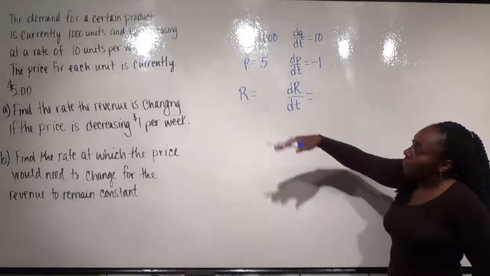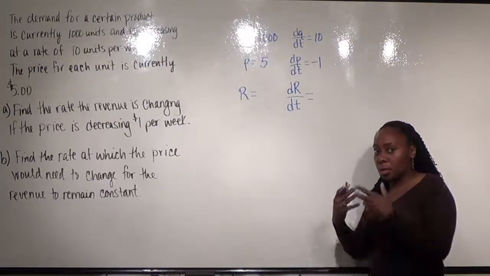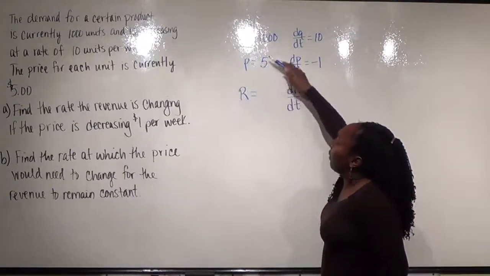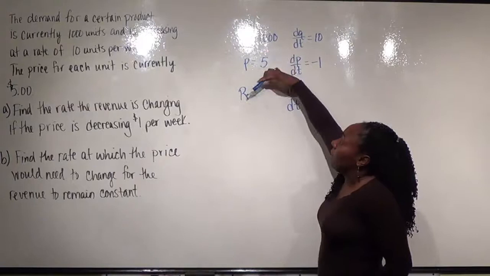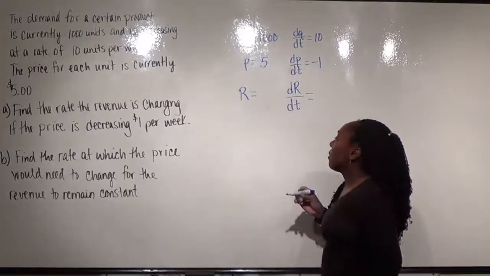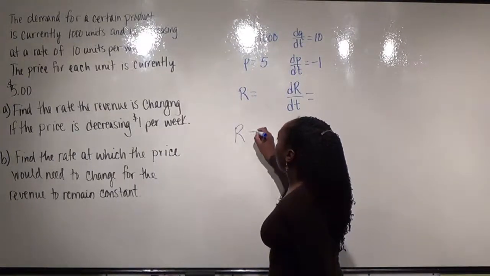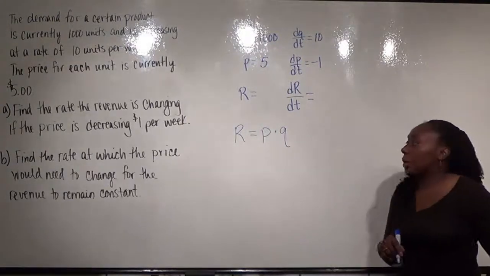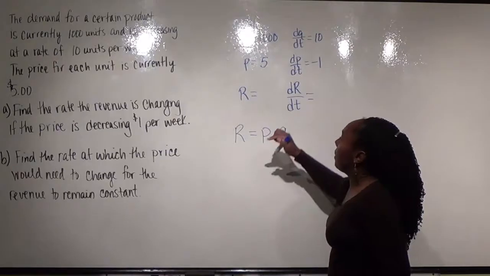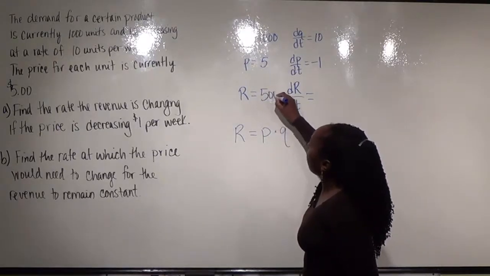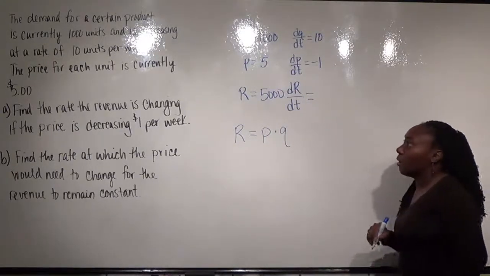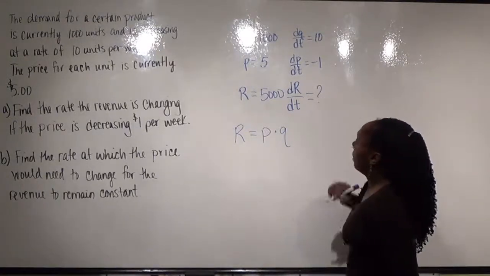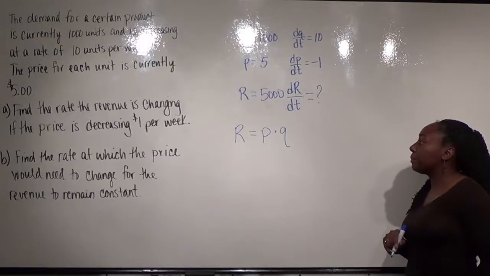There's not really an equation explicitly stated, but if we look at our variables that are relating, we have a price and a quantity, and we're looking for revenue. So we know revenue equals price times quantity, which means in this case, our R is going to be $5,000, and dR/dt is the thing we're looking for.